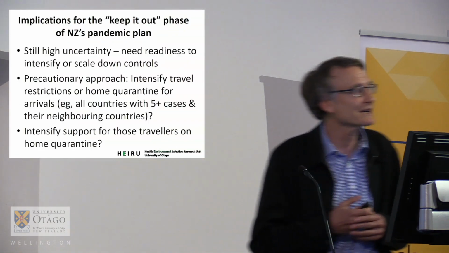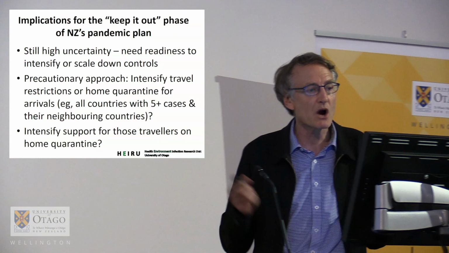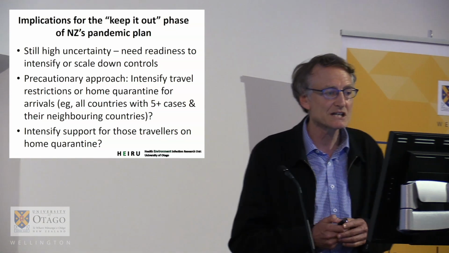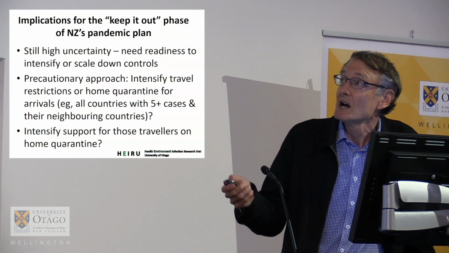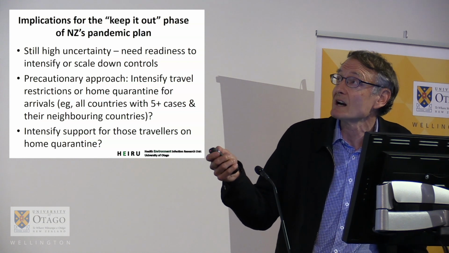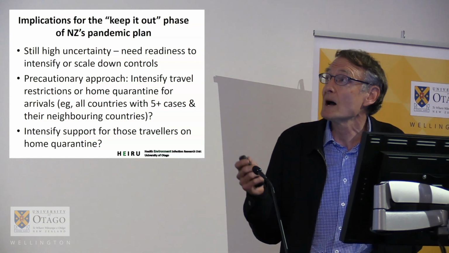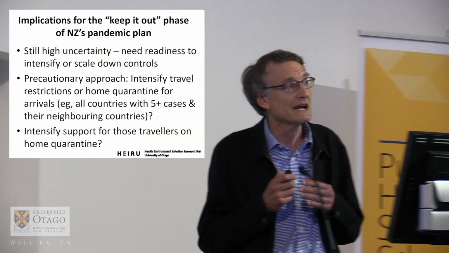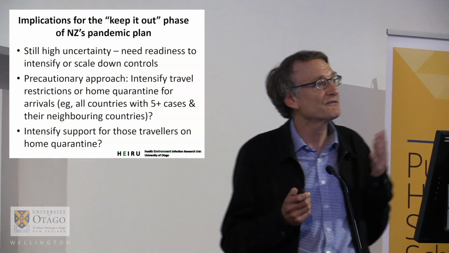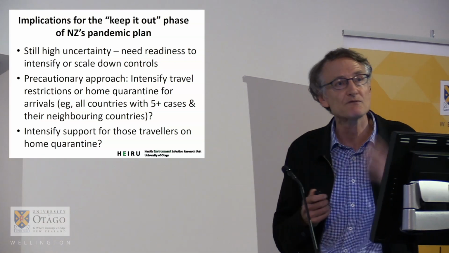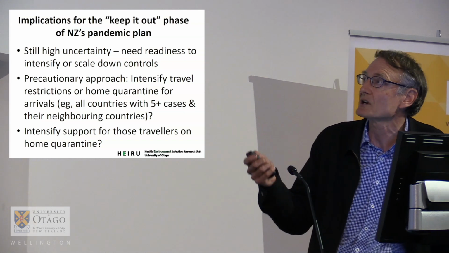So just pulling that information together, what might it mean for the keep it out phase of New Zealand's pandemic plan? Well, it's still very high uncertainty, and because of that, we need to be prepared to intensify, or if that's found to be ineffective, to scale down the controls.